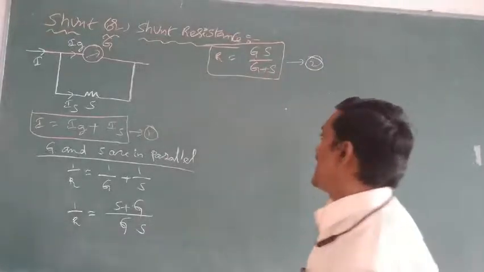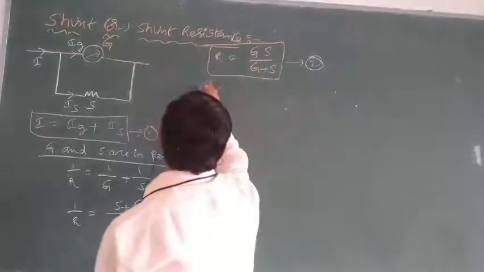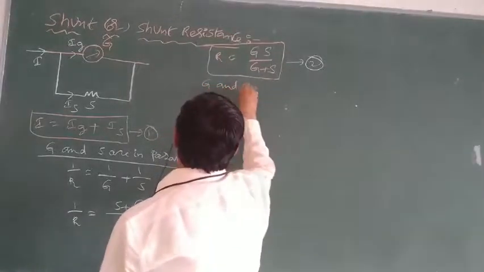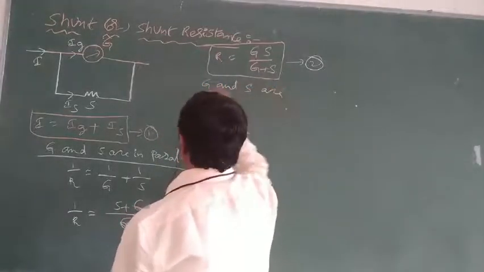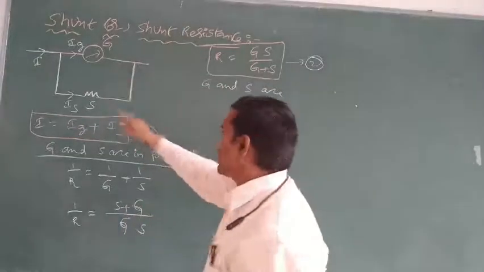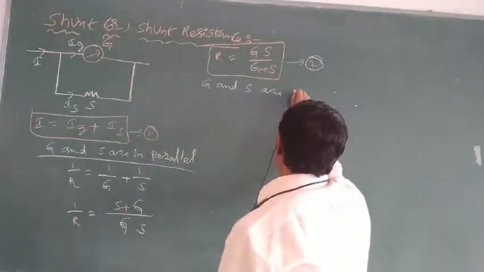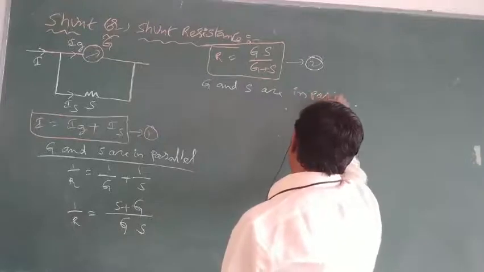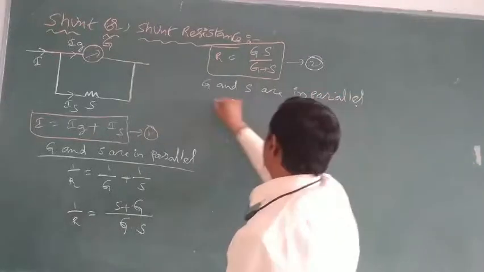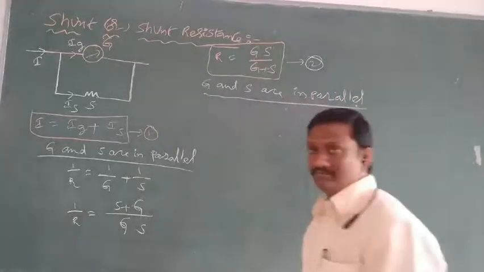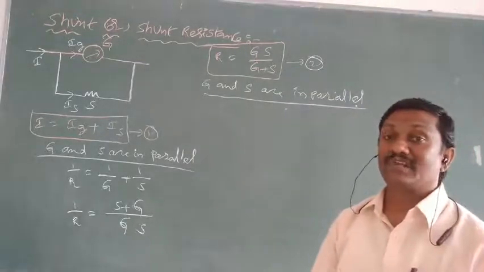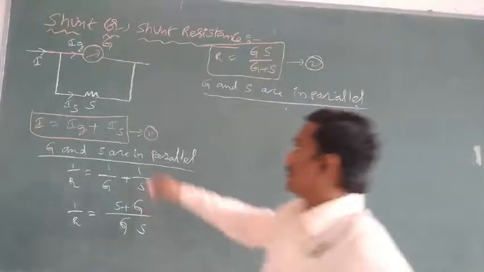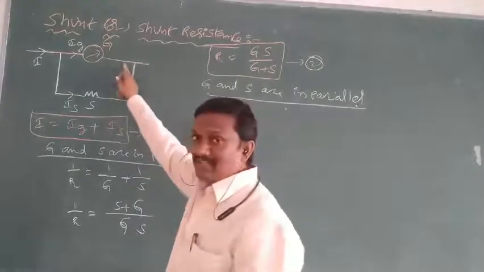And according to the diagram, the G value and S value are in parallel. The resistance of the galvanometer and the resistance of the shunt both are in parallel. We know in series combination the same current is passing, but in parallel combination the potential is the same.